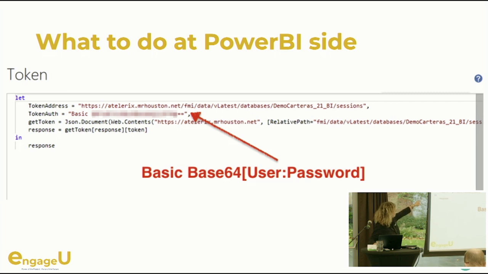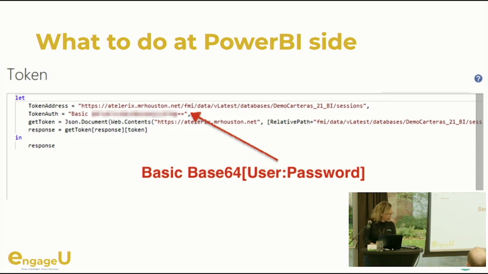And the token is just the user and password we set in our dedicated account, our dedicated user in FileMaker. It is just our user and password separated by a colon, in Base64. And that's all Power BI needs for asking for a connection token against our FileMaker.